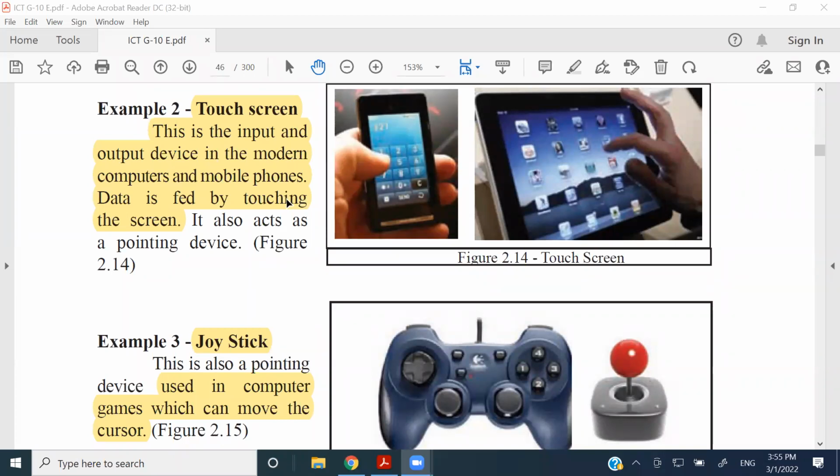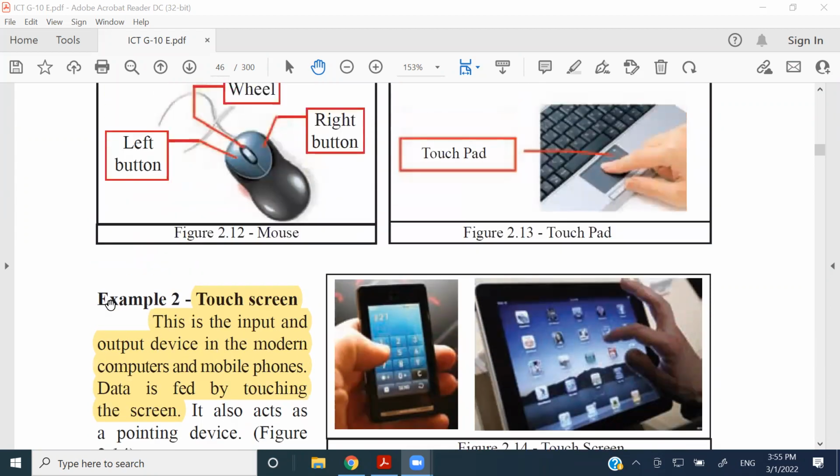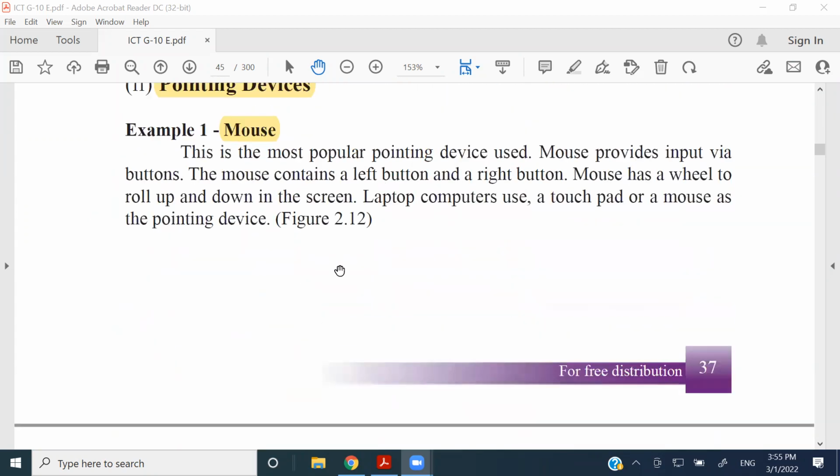All right. So moving forward, people, in the mouse, it's better you mention about the touchpad. Yeah, you better write this with the mouse.